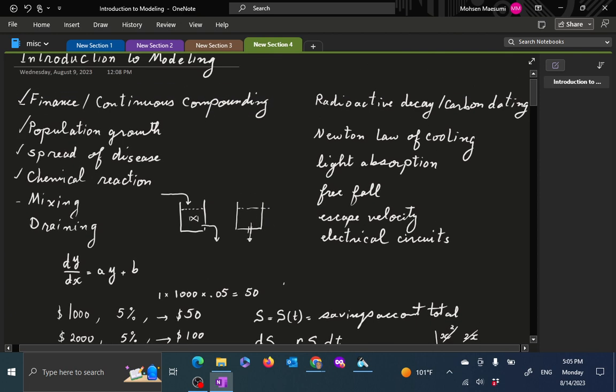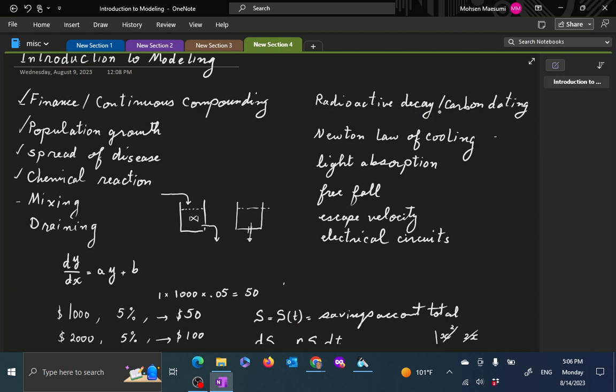Radioactive decay problem, of course, carbon dating problem, very similar to finance problems, but in this case, instead of a finance problem where money was producing more money, we have the opposite of that.